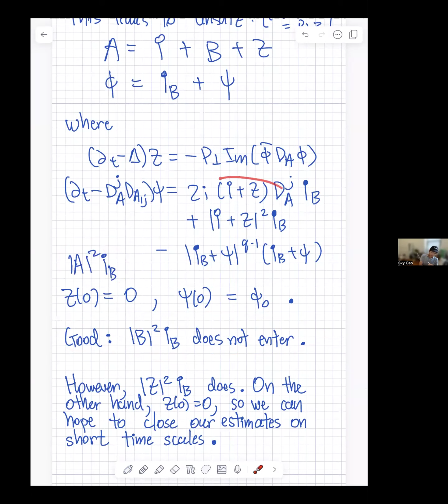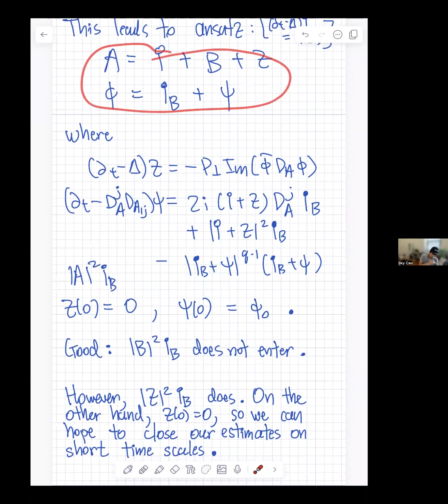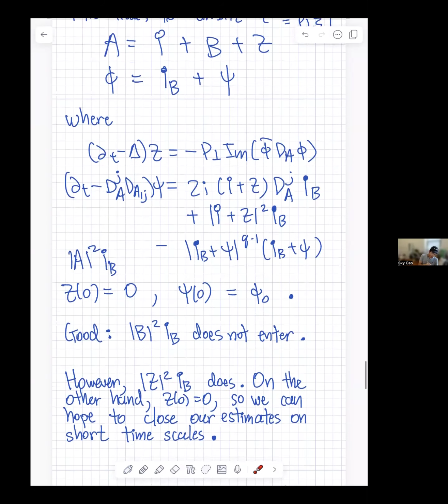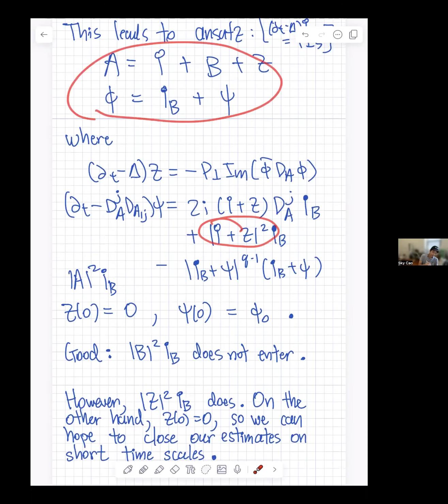That's the advantage of this finer ansatz. On the other hand, Z squared does enter, because here I have Z squared now. Before this was supposed to be A squared. Now the effect of this new ansatz is that I just don't have B here.